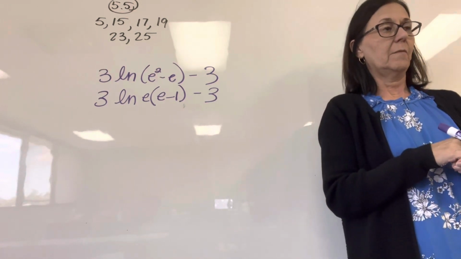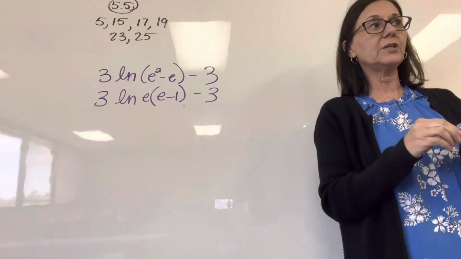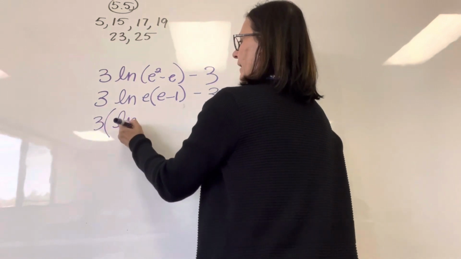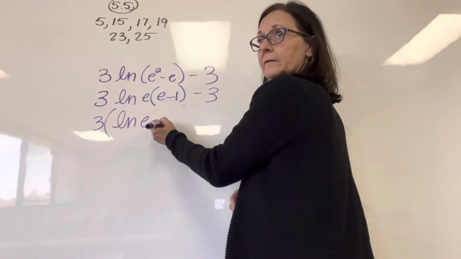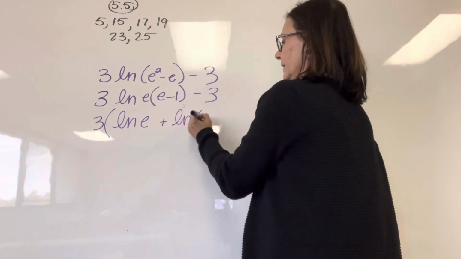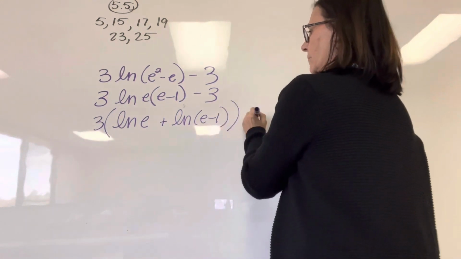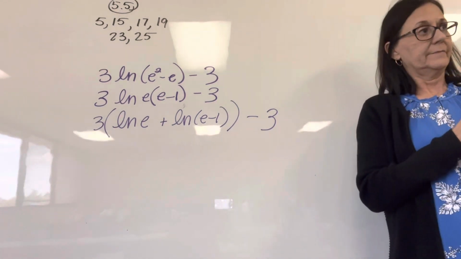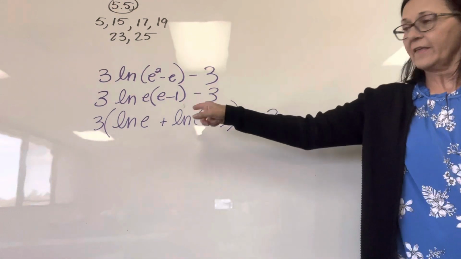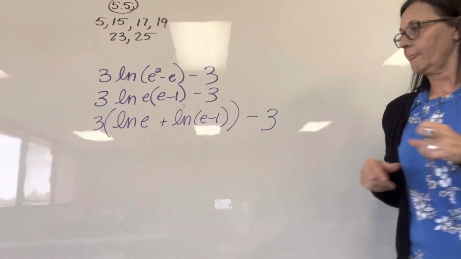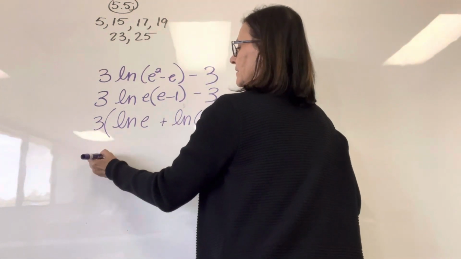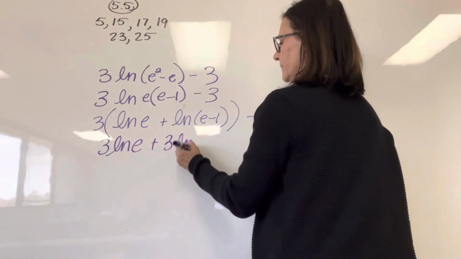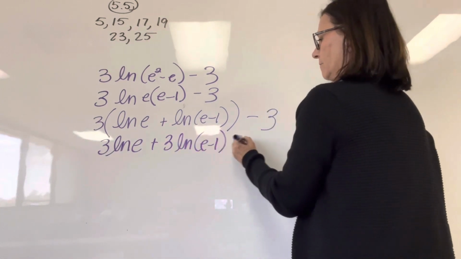Now what would you do? Multiplication is? So it'd be 3 times ln of e plus ln e minus 1 minus 3. Now what would you do? Separate. Distribute that 3. Ln of e cubed. So this is 3 ln of e plus 3 ln of e minus 1 minus 3.